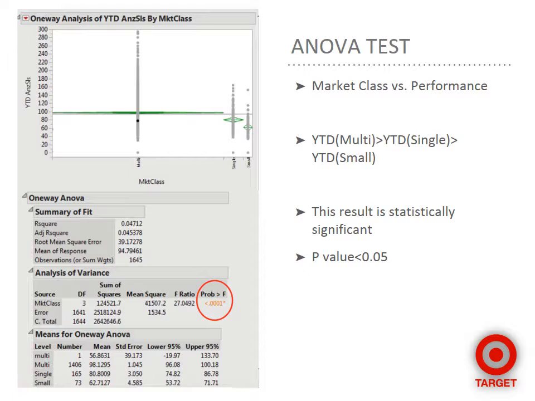We find the difference between these three market classes is significant because the p-value is lower than 0.05. So we can say that in all circumstances, the multifunction store has the best performance based on our analysis.